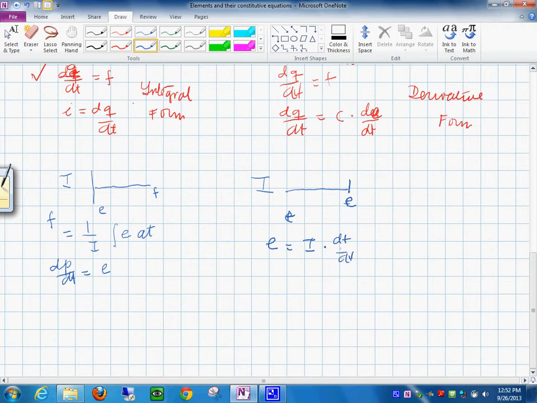We already knew this because the force is equal to the mass times the rate of change of momentum. So this would be dp dt in here.